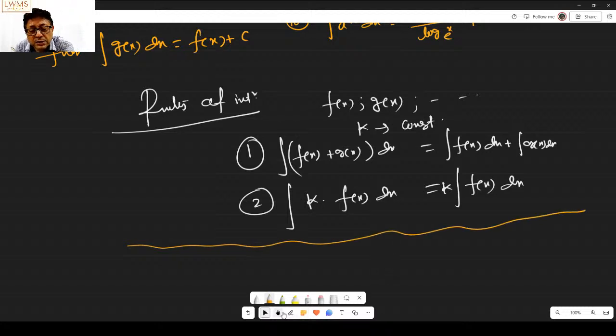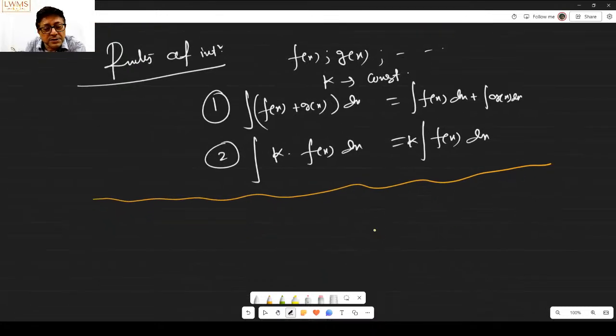Suppose there are many functions f1(x), f2(x), fn(x). Many functions are there, and you are going to write the formula of integration for sum of all those functions. How to write? fn(x) is another function.